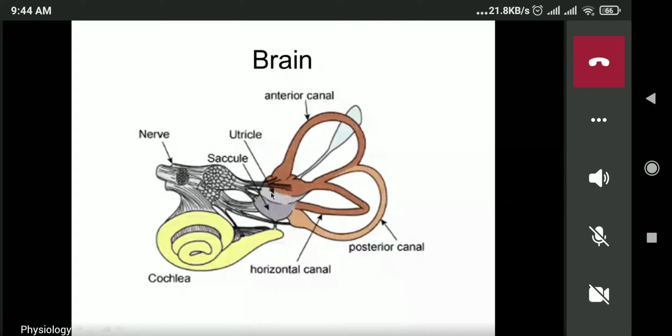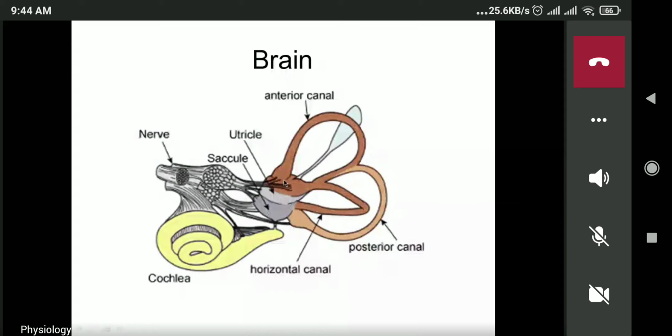It is a U-like structure, and where the semicircular canals join, that portion is a little bulged like a pitcher. So this is called the ampulla. The pitcher-like swollen part is called ampulla. You have read this, I think. Ampulla means the dilated part of a tubular structure. So here is the ampulla, 1, 2, 3.